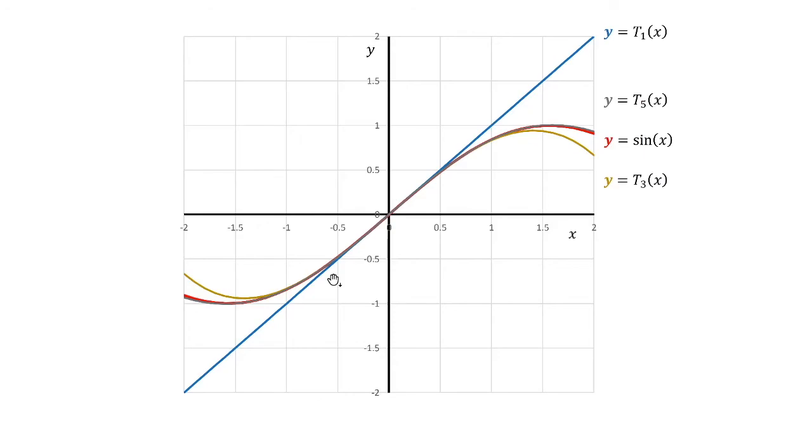It's more accurate on a given neighborhood. Or if I'd like to accept a certain error, notice I might be able to take a larger neighborhood. I can go maybe from minus 1 all the way to 1 and have the same accuracy as with the linear approximation on this smaller neighborhood, minus half to half.